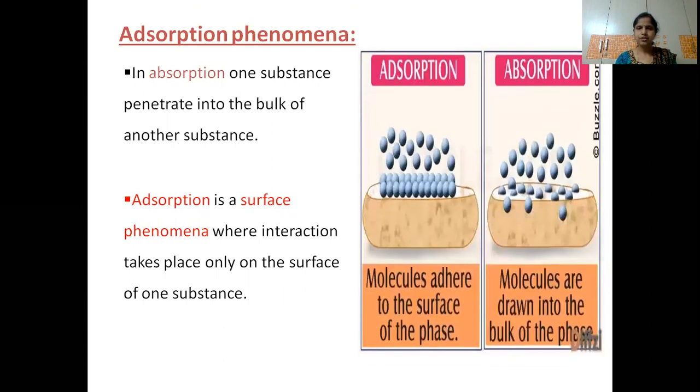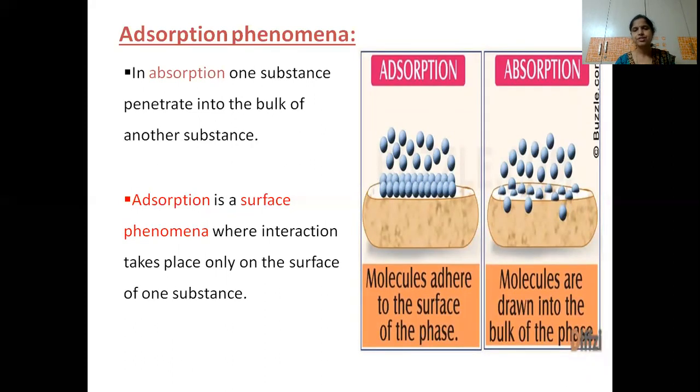Now in this picture, you can see the difference clearly. In adsorption, you can see all the molecules getting adhered because of the interaction between the solvent molecules and the surface of the substance. The phenomenon you can observe is only on the surface. Because of van der Waals forces or hydrogen bondings, they stick onto, or adsorb onto, the surface.